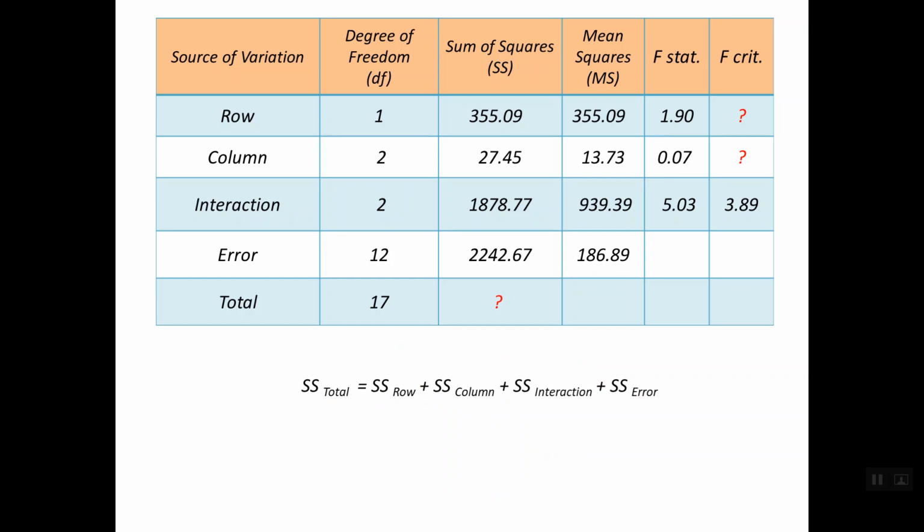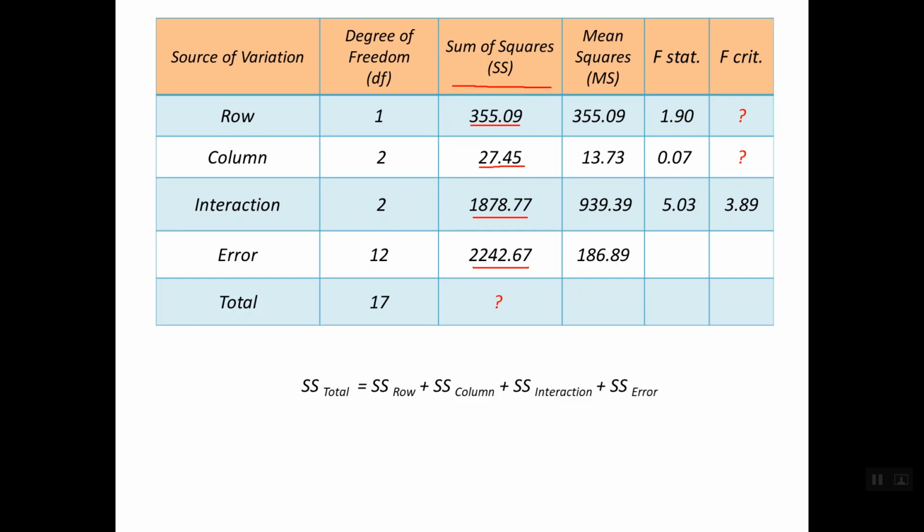Now we have 3 missings. If you check the column of the sum of squares, the SS for the first factor is known, for the second is known, for the interaction is known, and for the error is known, but for the total it is missing.